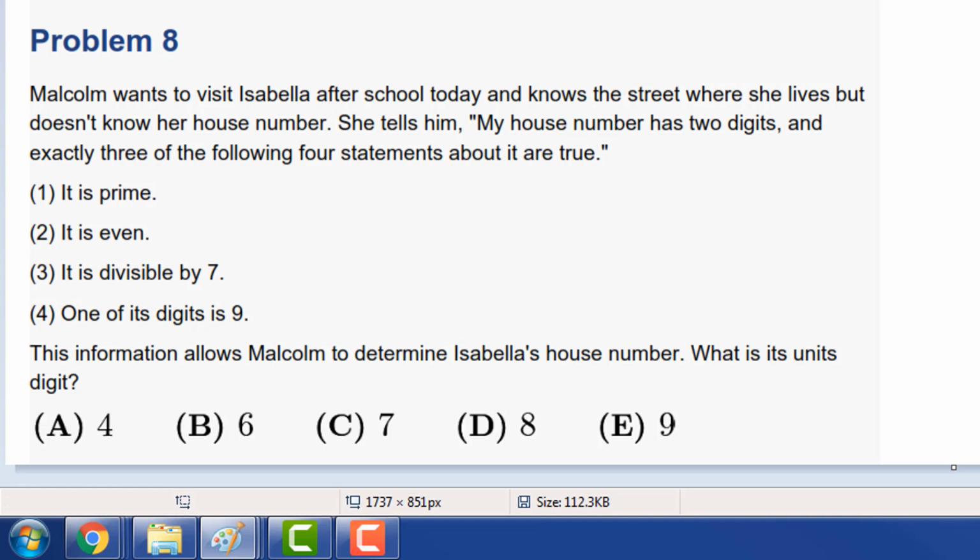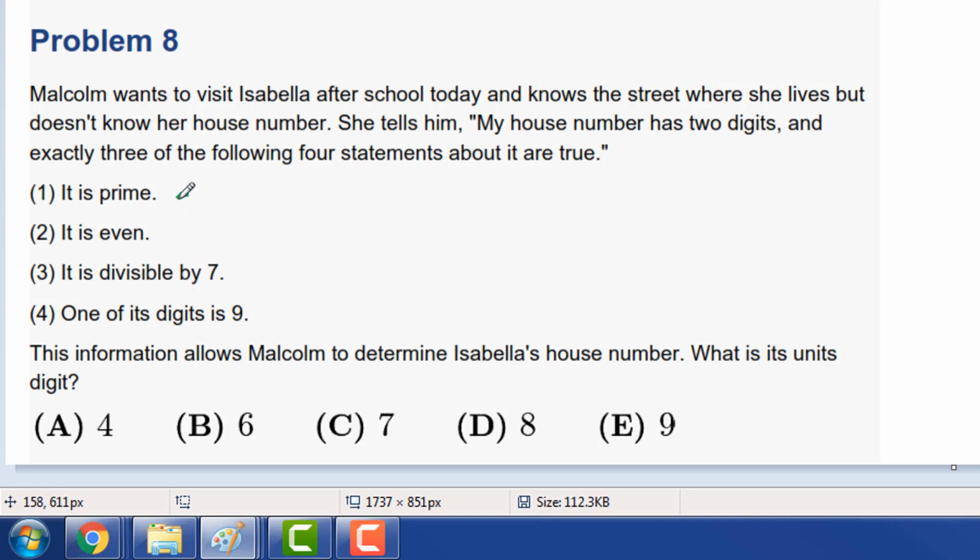So, for example, it's prime, it's even, it's divisible by 7, and our street number also has one of the digits being 9. Now, a number can't be prime and divisible by 7 unless it's 7, right? And 7 is not 2 digits. So it can't be both of those. So it's either going to be prime or divisible by 7.